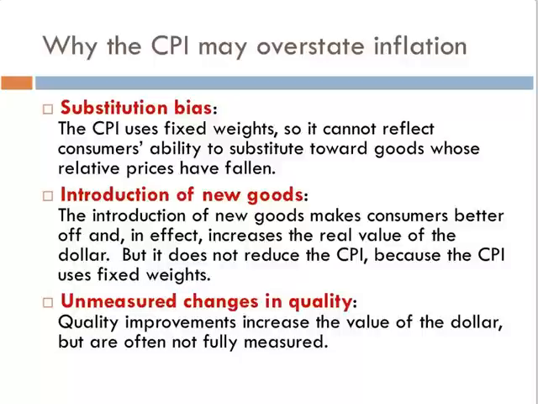Let's face it, computing power has exploded over time. There's a much bigger increase in quality of that good. So that isn't reflected within a fixed-weighted index number, and it's to a limited extent reflected in a chain-weighted index number. That one's hard to deal with.